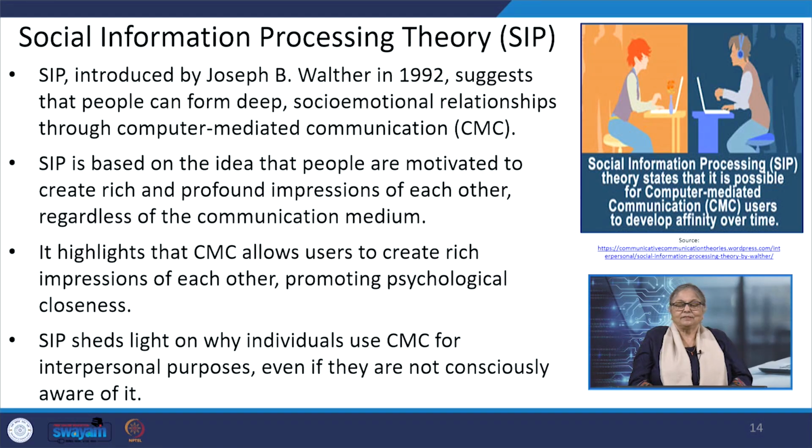Social Information Processing Theory, popularly known as SIP, was introduced by Joseph Walther in 1992. It suggests that people can form deep socio-emotional relationships through computer mediated communication. This theory is based on the idea that people are motivated to create rich and profound impressions of each other, regardless of the medium of communication. It highlights that CMC allows users to create rich impressions of and about each other, promoting psychological closeness.